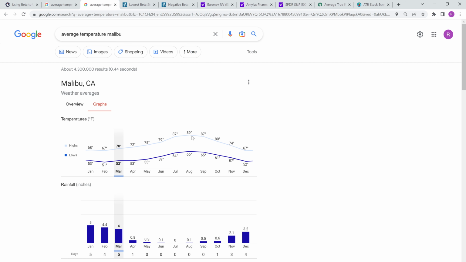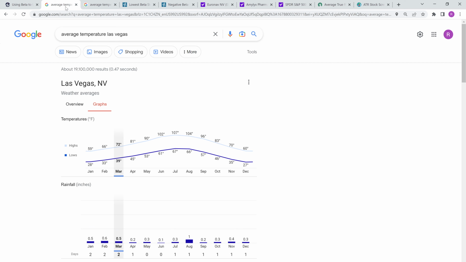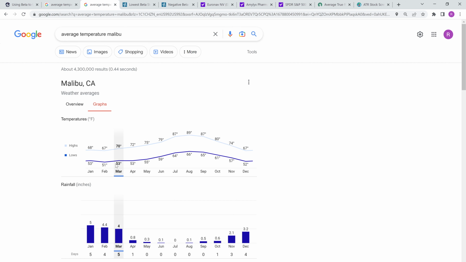Yeah, they both peak during the summer and are low during the winter, but the variations are a lot different. And the beta here, you go plus 40 degrees to the peaks, and here it's a quarter of that. That's the measure of the beta.